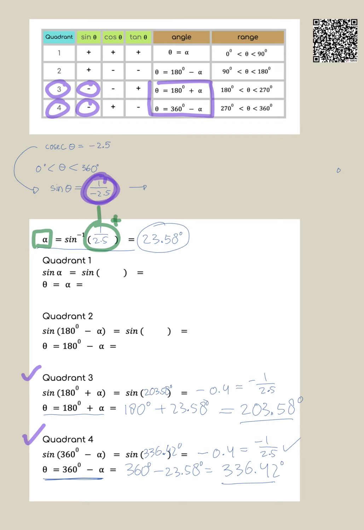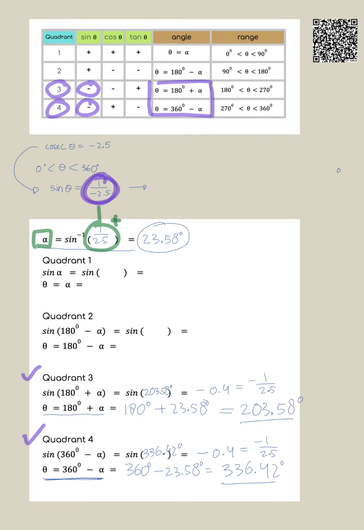So these two are correct. These two numbers are correct, and we already checked also using the calculator. So that's how you do this type of question, where you are asked to find the angle of a cosecant theta equal to something. Then you use this method.